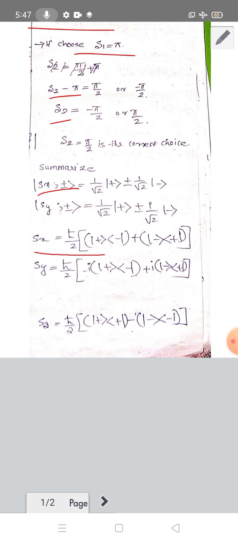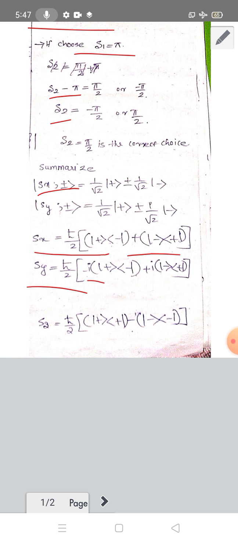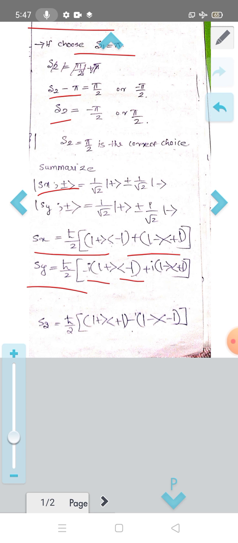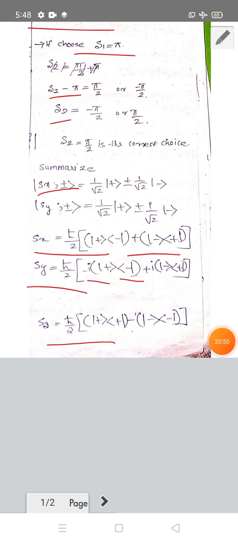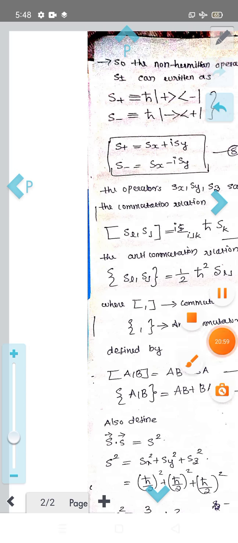And Sx is h cut by 2 into ket plus bra minus plus ket minus bra plus, and Sy is equal to h cut by 2 into minus i ket plus bra minus plus i ket minus bra plus. And we already found out what is Sz. Sz is h cut by 2 into ket plus bra plus minus ket minus bra minus.